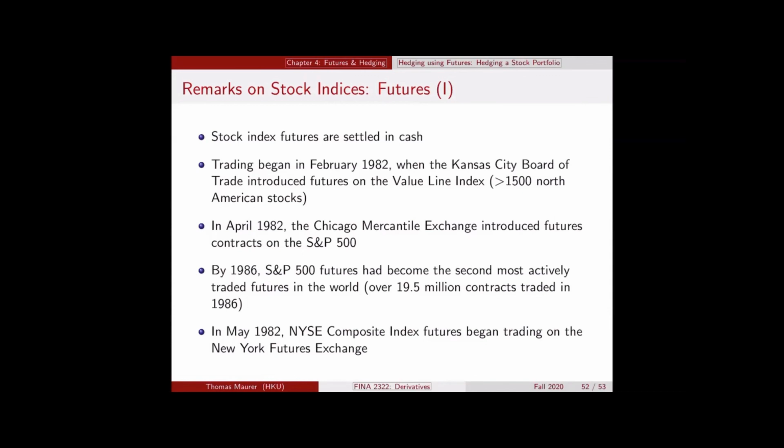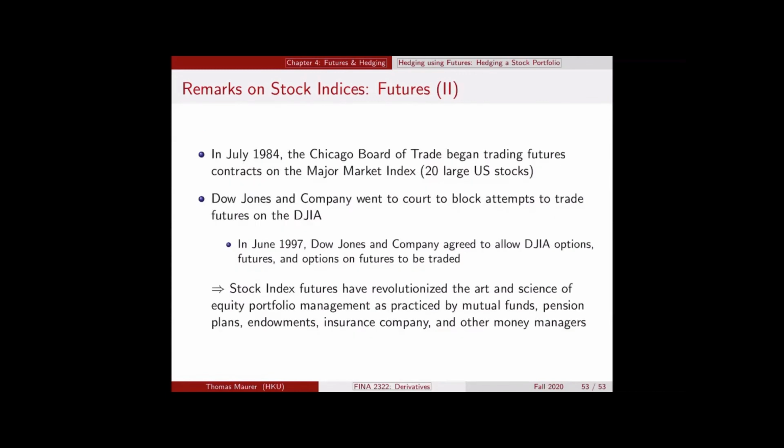Also in 1982, the NYSE Composite Index started trading futures on the New York Futures Exchange. In mid-1984, the Chicago Board of Trade began trading futures on the Major Market Index, which is an index of 20 large stocks in the US.